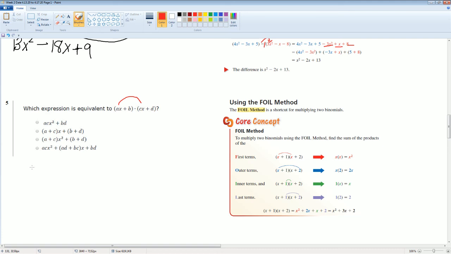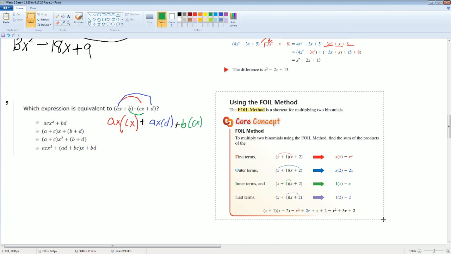So this becomes ax times cx, plus blue: ax times d. So ax times d. Plus green: b times cx. So b times cx. Okay.